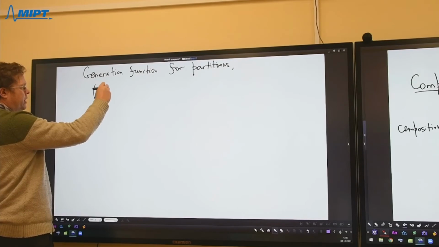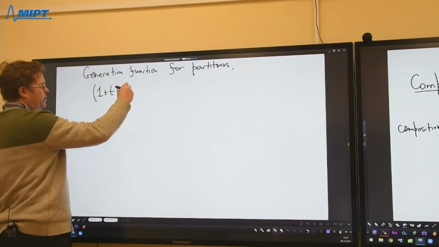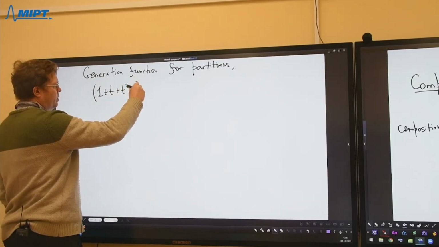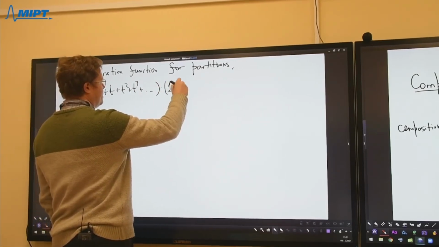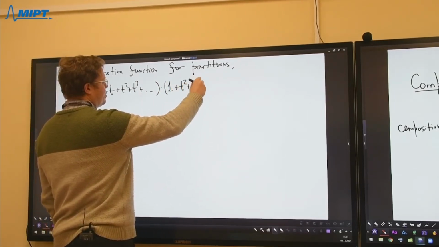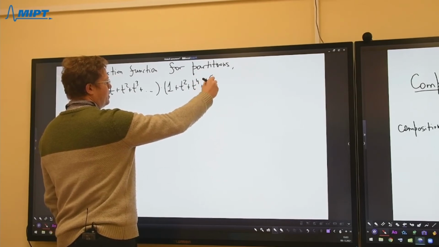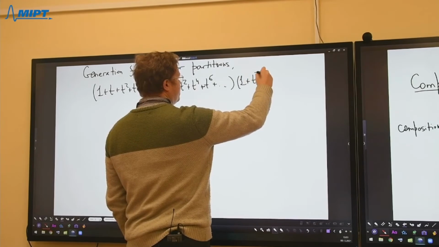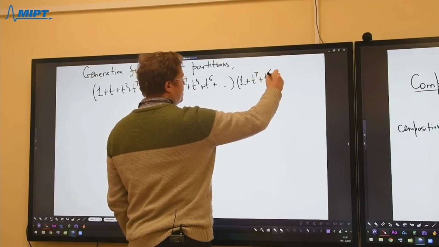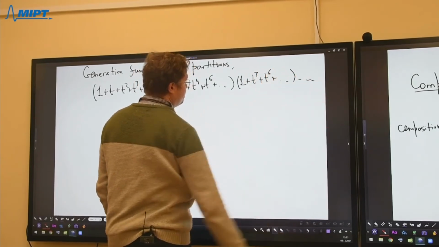So we just take 1 plus t plus t squared plus t cubed and so on, times 1 plus t squared plus t to the fourth plus t to the sixth, etc., times 1 plus t cubed plus t to the sixth power and so on and so on.